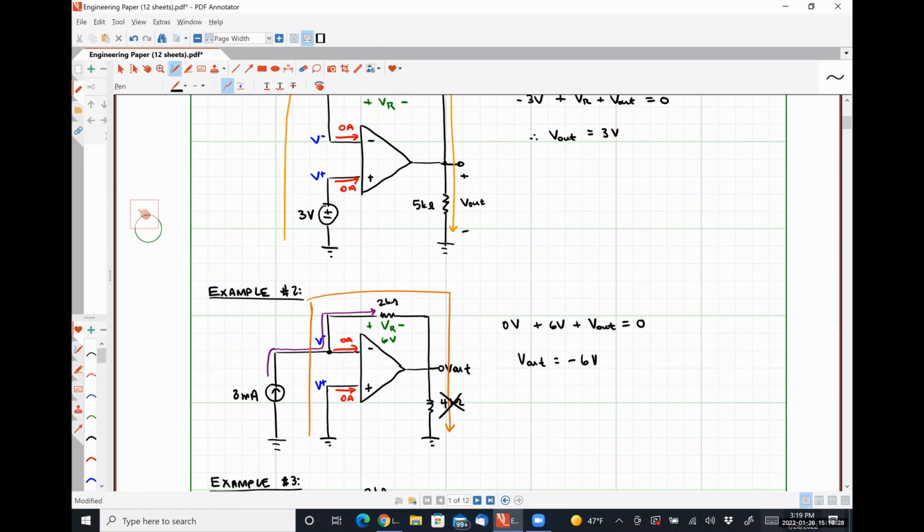But the path to ground is actually back into the OpAmp, into the output terminal, and then to ground through the power supply. But that's not remotely necessary to understand in order to analyze these circuits. That's a very good question. So OpAmp rule number 1 is only regarding the input terminals of the OpAmp. Current can absolutely flow into or out of the output terminal as is needed.